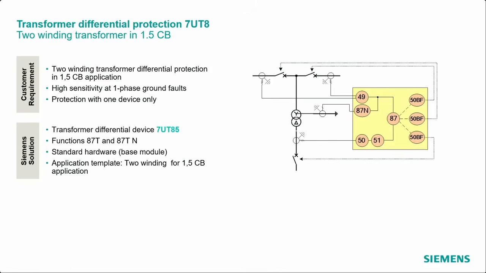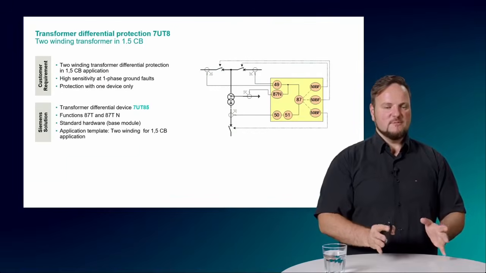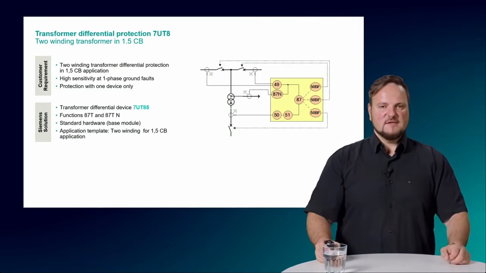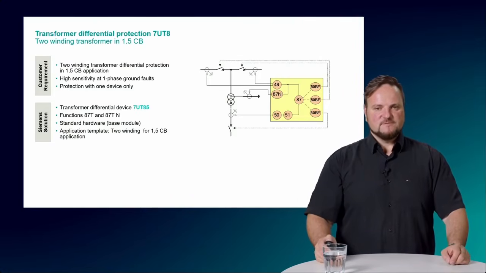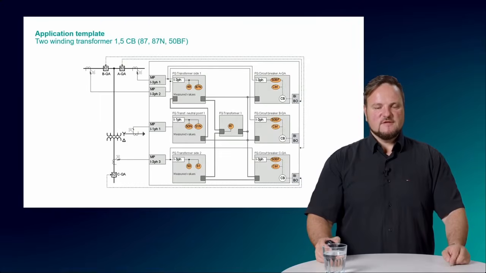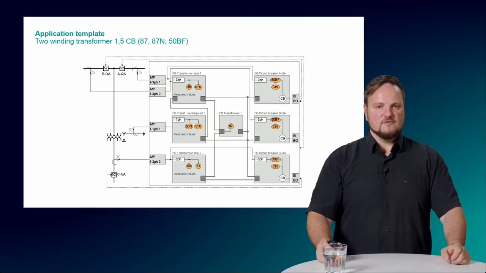So we use the basic module plus one expansion module for that, and then we can start with this application. The rest is still the same, and now we have a look into that application.